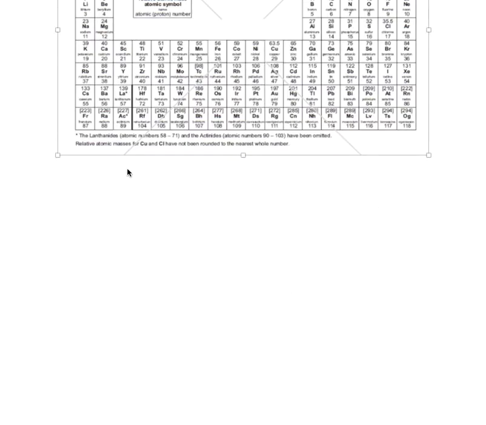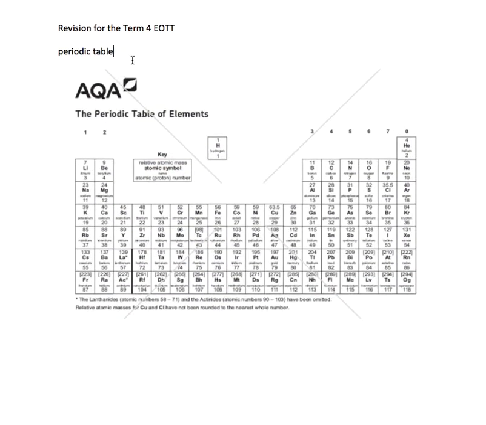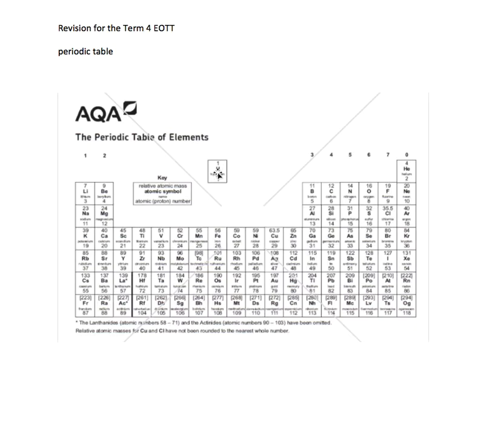Now, we have the shells, which are how the electrons are arranged. You can have 2 electrons as a maximum in the first shell nearest the nucleus, and then you can have 8 electrons in every other shell.